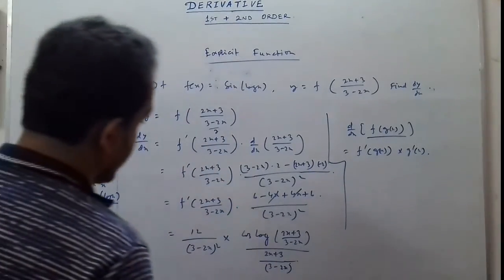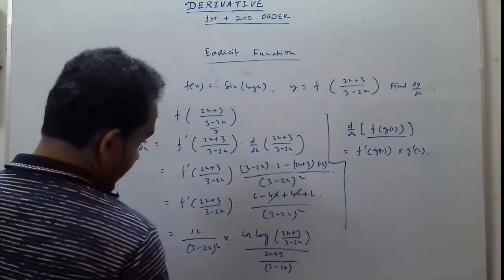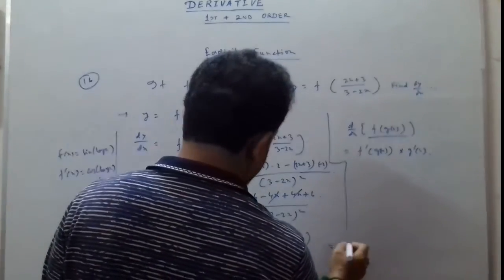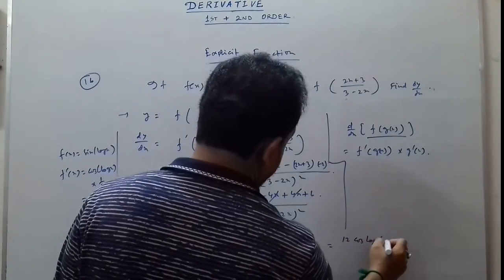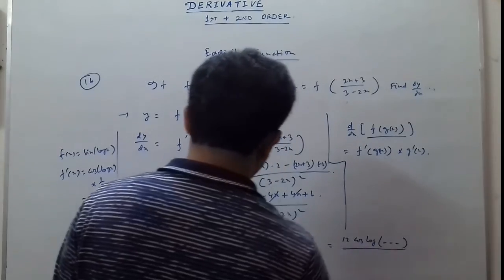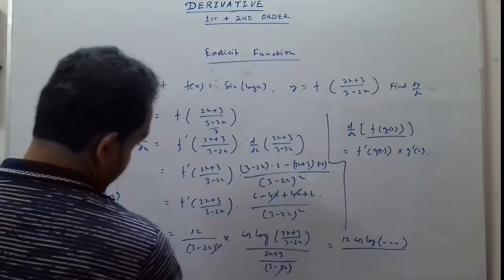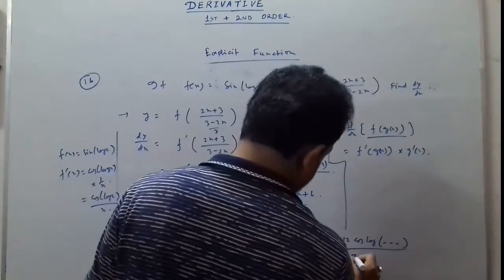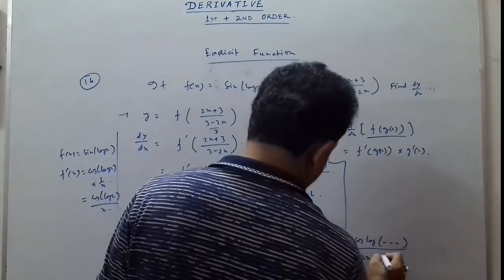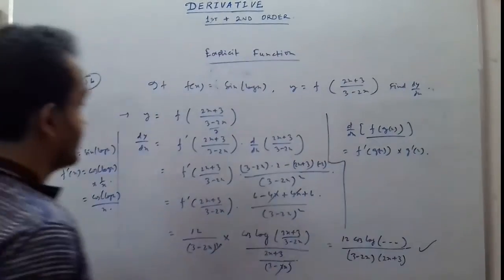Okay, and then simplifying, one part cancels, and we get 12 into cosine of logarithm of this part divided by, since one part cancels, only (3 minus 2x) into (2x plus 3). This one is the answer.